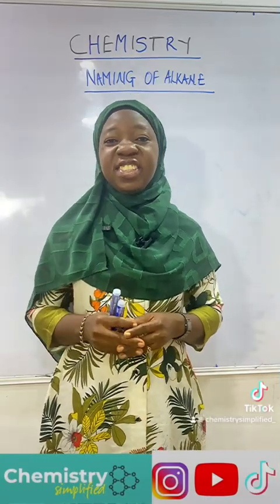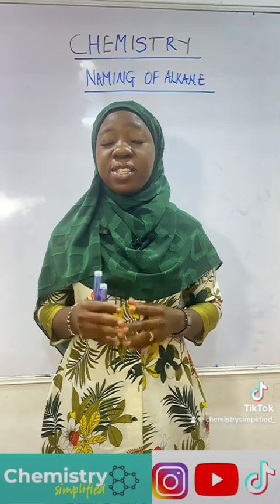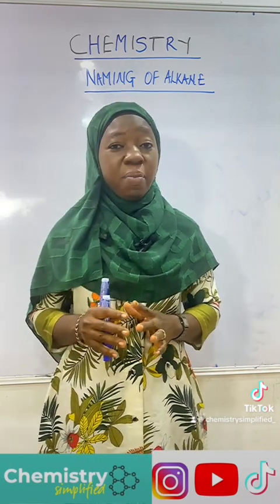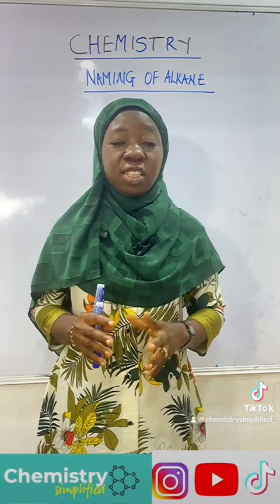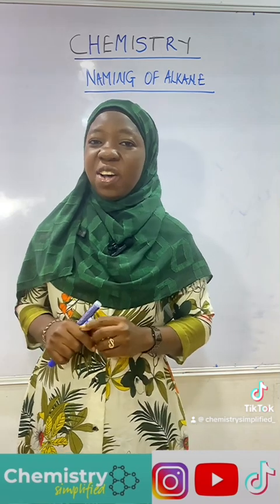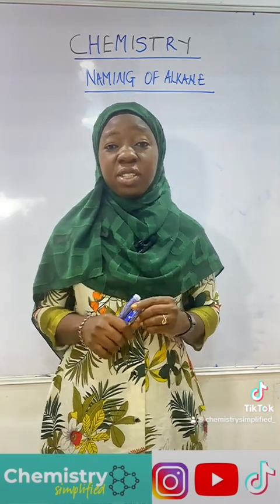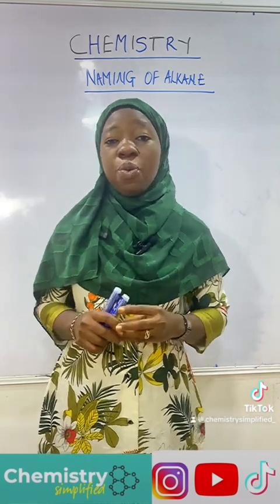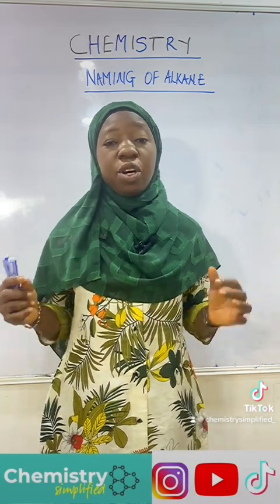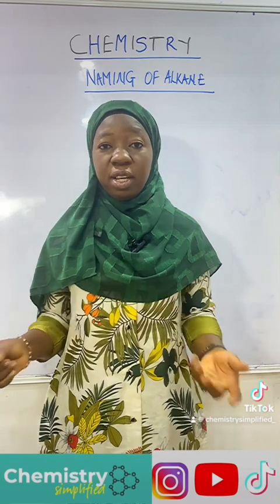Trust you're doing good. Today we are going to continue from where we stopped from naming of alkane. Remember, in our last class, I talked about how to name an alkane. I said when you want to name an alkane, basically you should consider two things. Number one is the longest chain. You consider the longest chain because you name based on the longest chain.